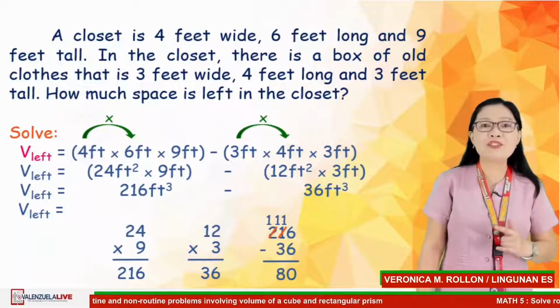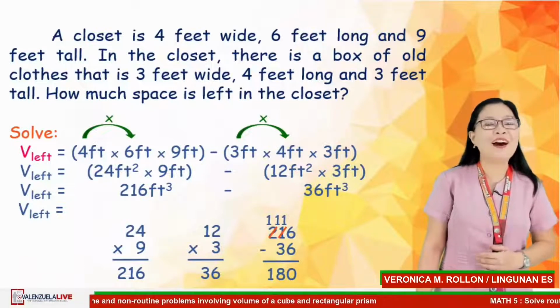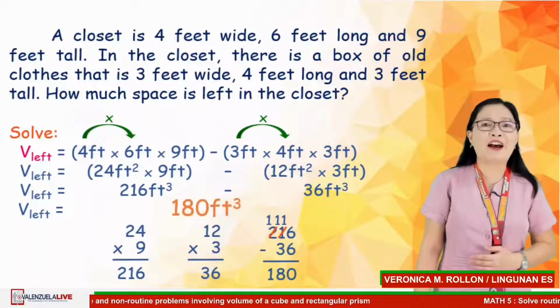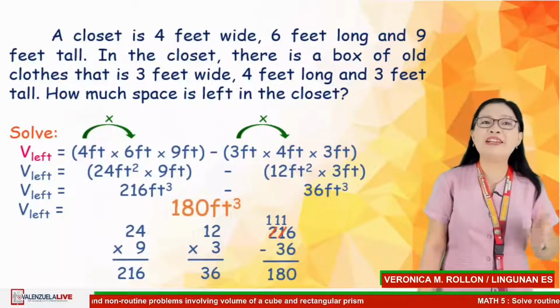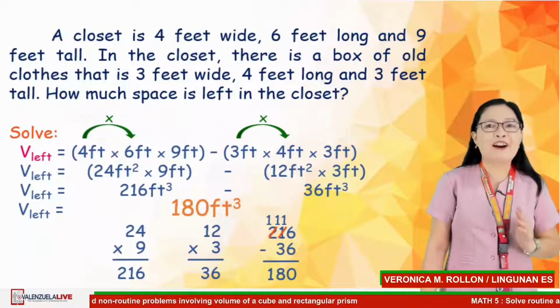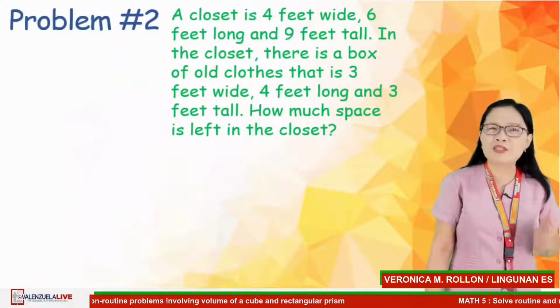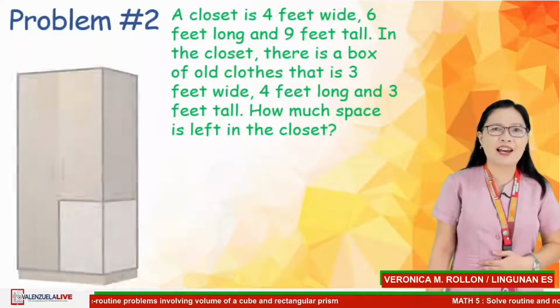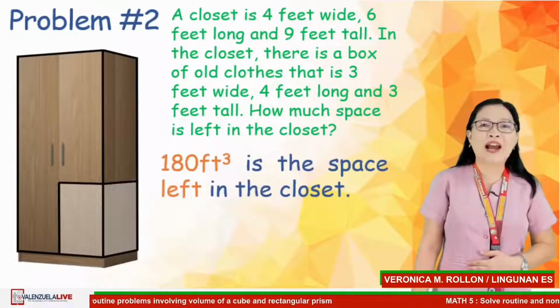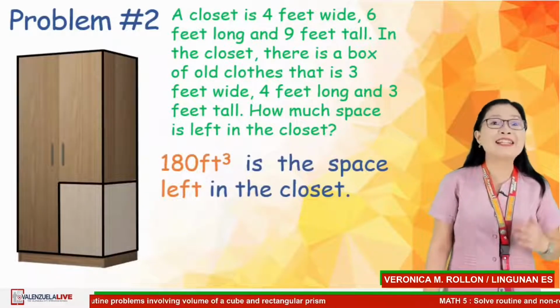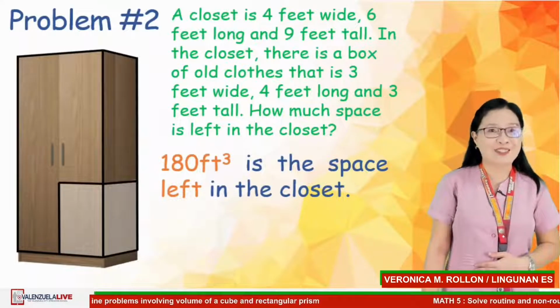And 1 minus 0 is 1. Now, the volume left is 180 cubic feet. So, the answer to the question, how much space is left in the closet? 180 cubic feet is the space left in the closet.